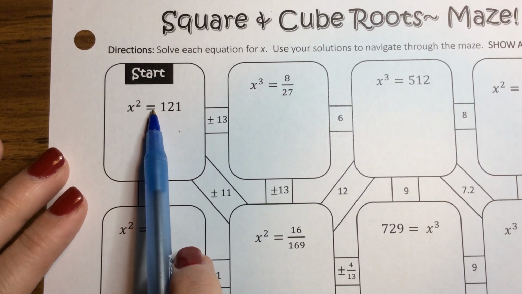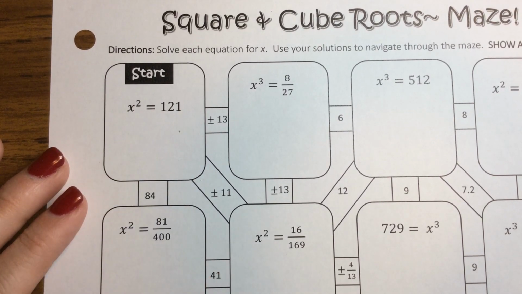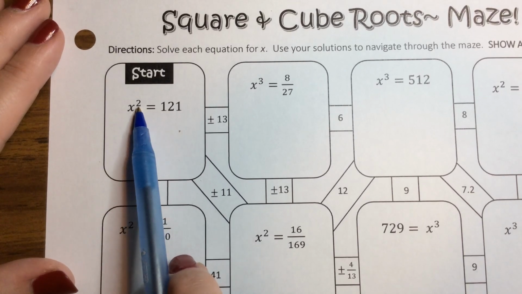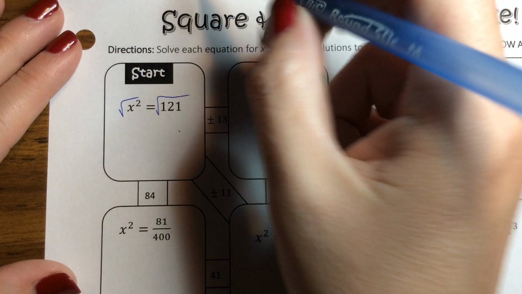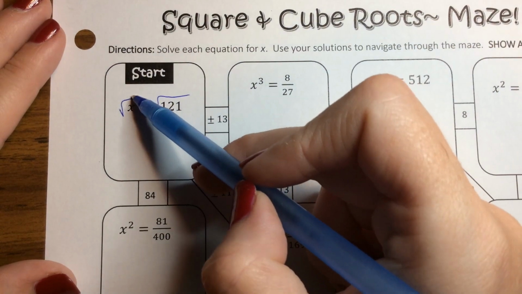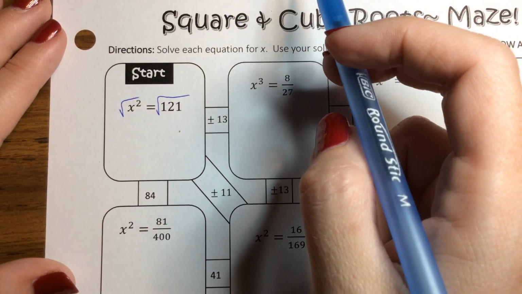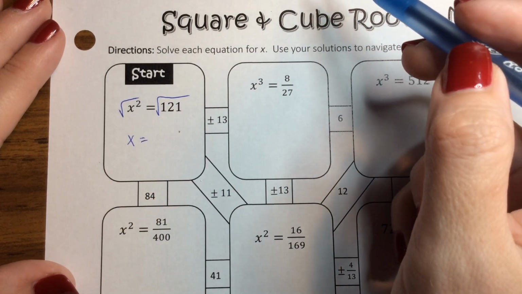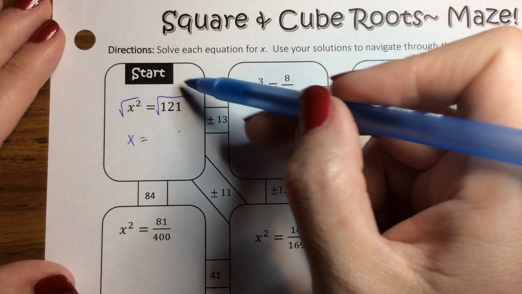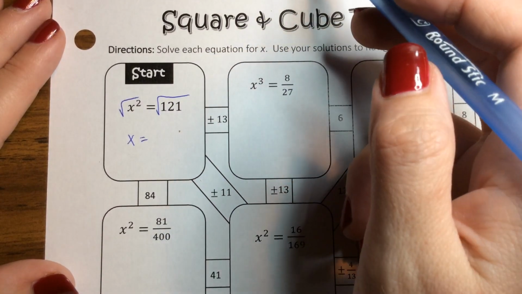X squared equals 121. Well, to get rid of a square, you have to take the square root. Squares and square roots eliminate each other. So now I'm going to have x equals, and then I have to figure out what the square root of 121 is.